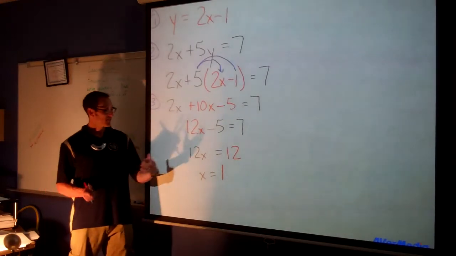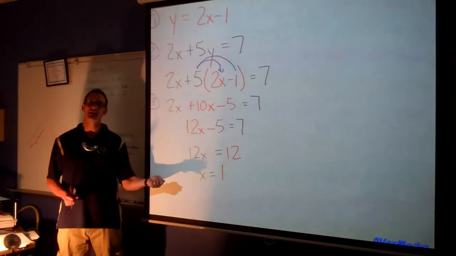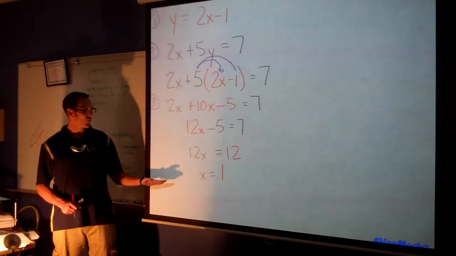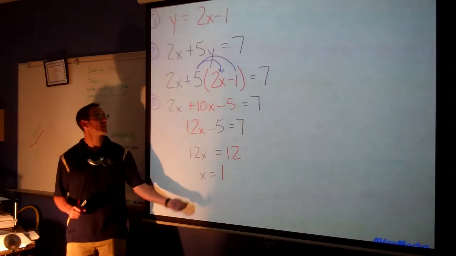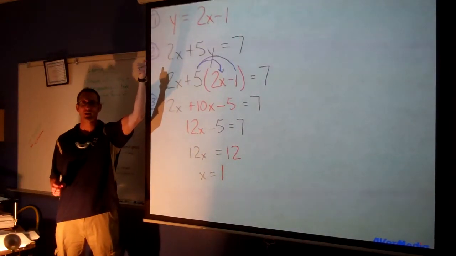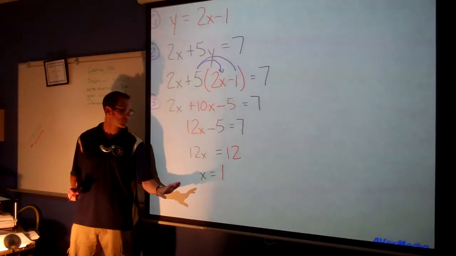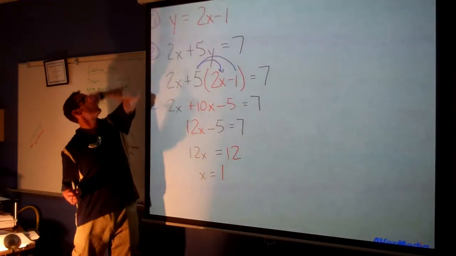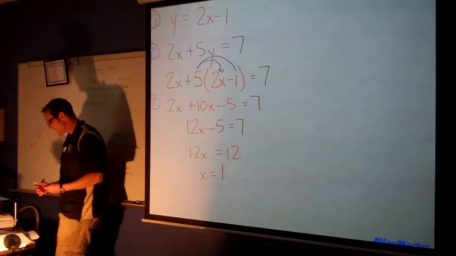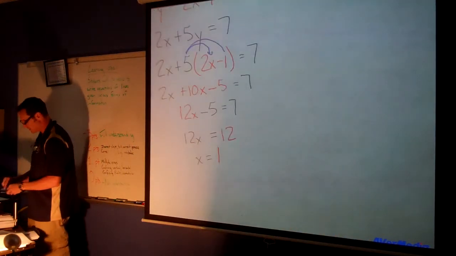So now that we have the value for x equals 1, we still need the exact value for y. So what we can do with this x equals 1 is plug it back into one of the original equations and find out what y equals.